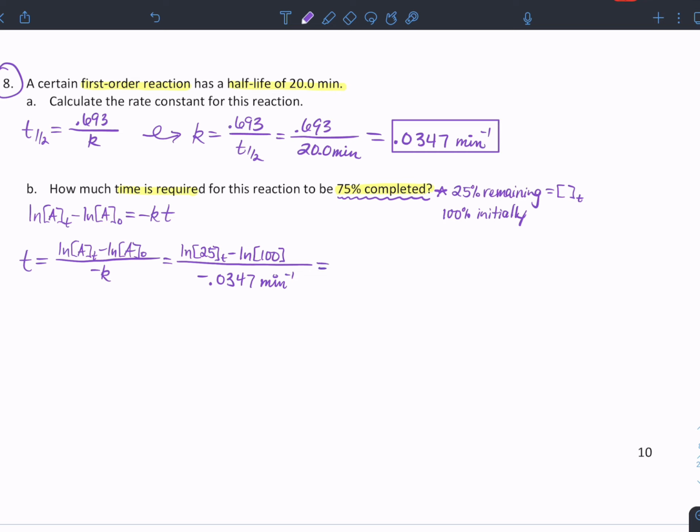I'm going to go ahead and do this stepwise. Natural log of 25 minus natural log of 100 is going to give me negative 1.386 divided by negative 0.0347 minutes to the negative first.